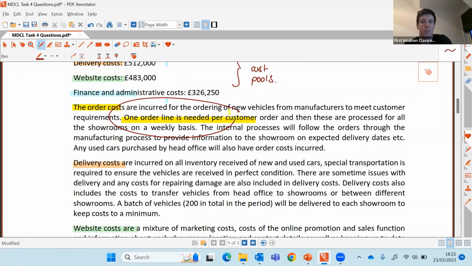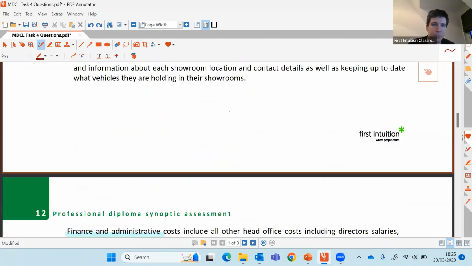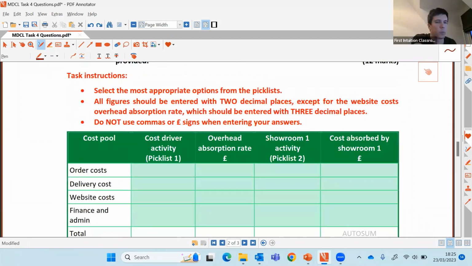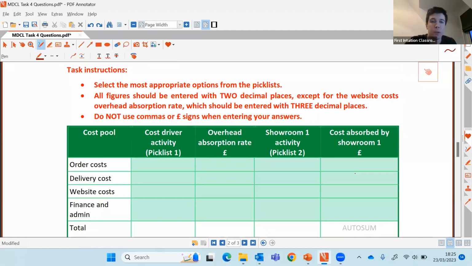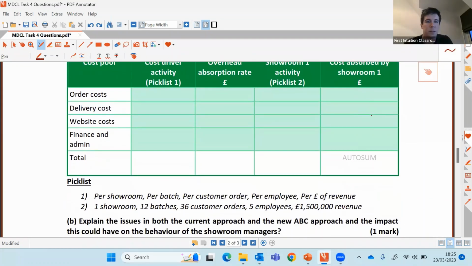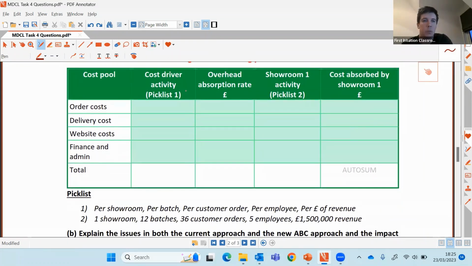So what I would do, I'll write the workings over here on the left, is first of all, using the pick list. As you can see down here, they want us to take the answer from pick list 1. So in the assessment, this would be multiple choice. You'd click on a box here and it would give you these options.